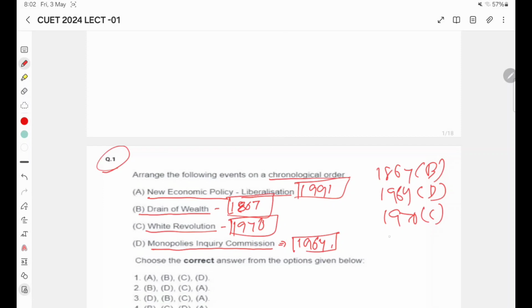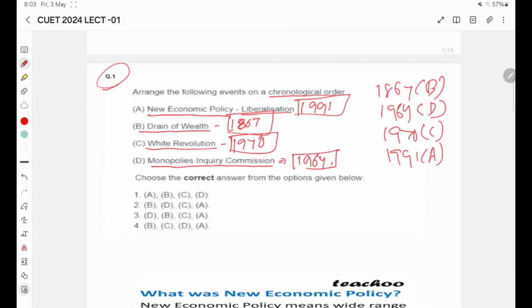Then next comes your new economic policy or LPG principle 1991, option A. So if you arrange this chronologically, which option is correct? We can see BDCA. Here option 2, that is your BDCA, is correct. Okay, so in this way we can solve this problem.